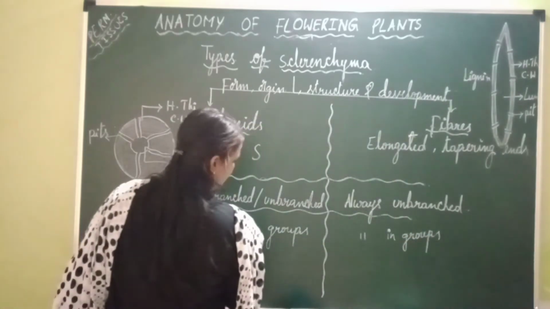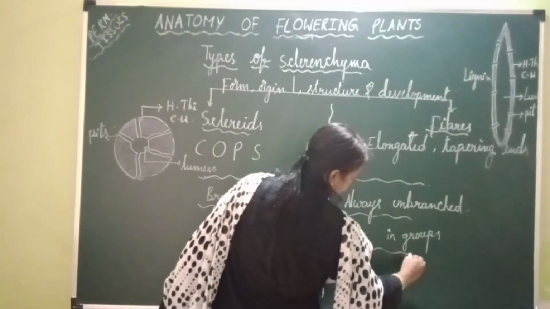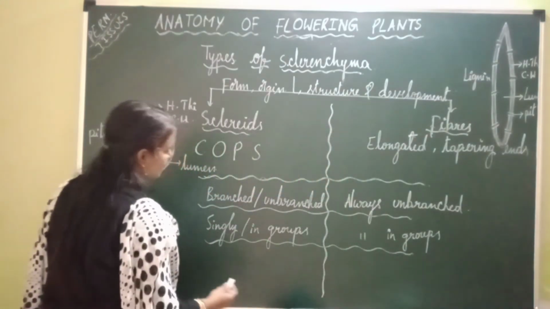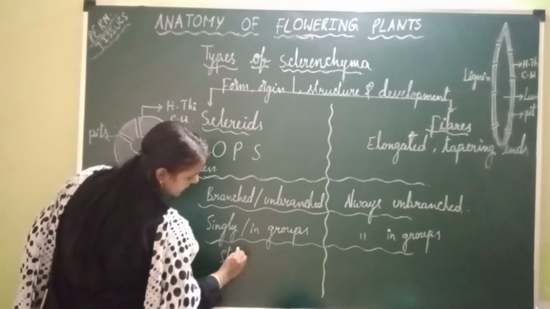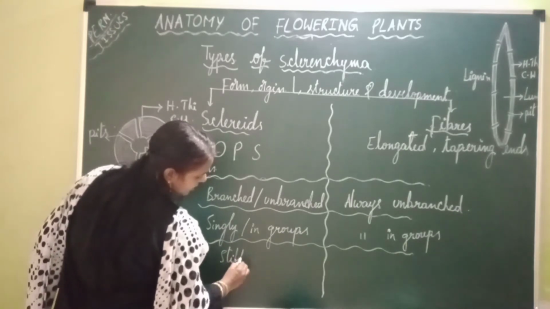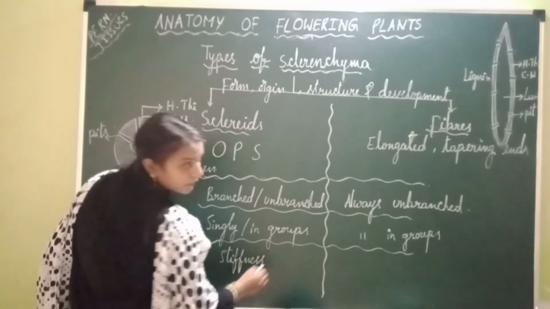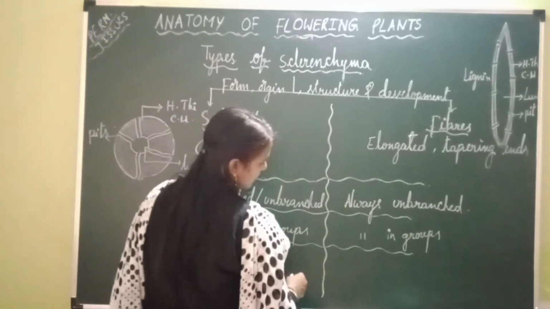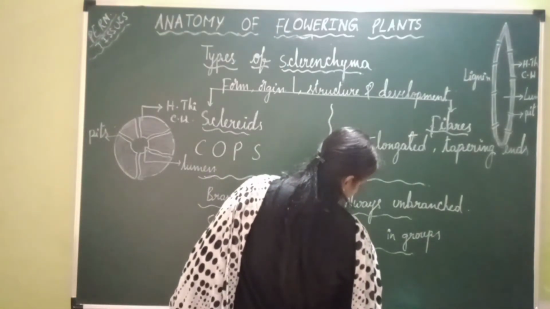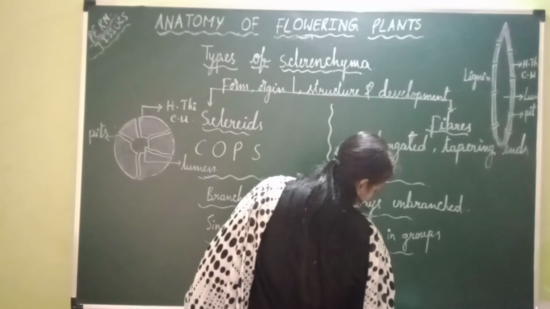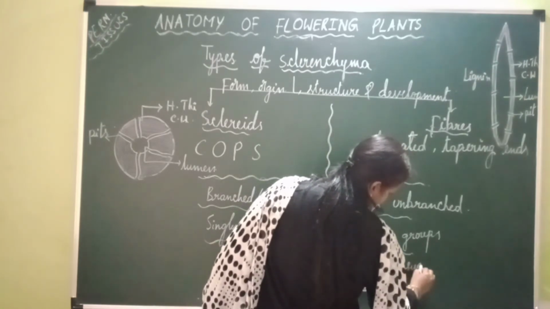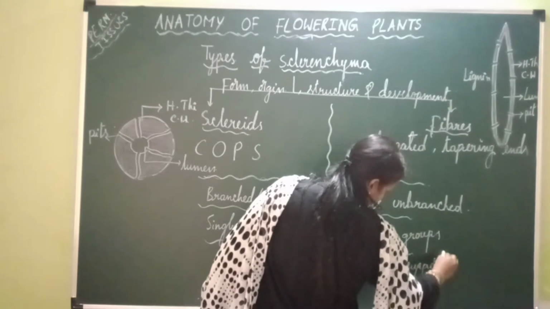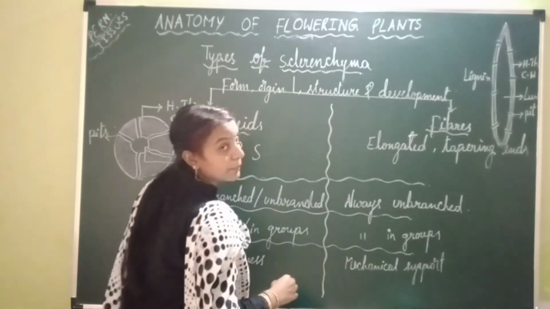Next, coming to the functions of sclerids and fibers. Sclerids provide stiffness to the plant organs, whereas fibers provide mechanical strength, mechanical support to the plant organs. Let's see where they are present.